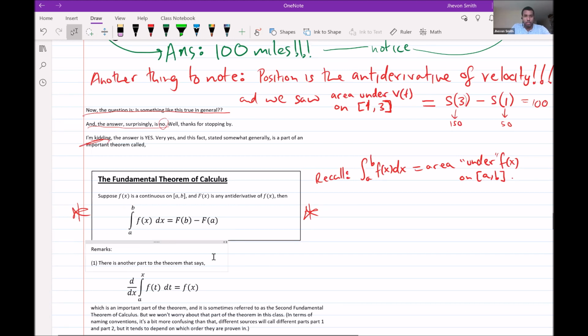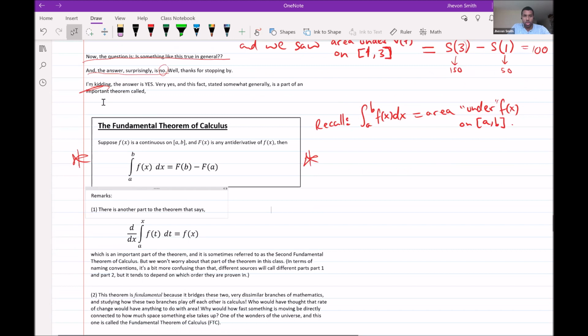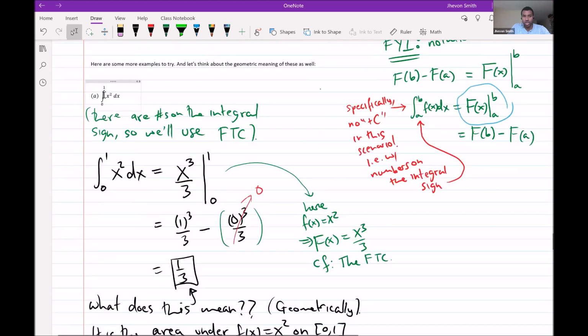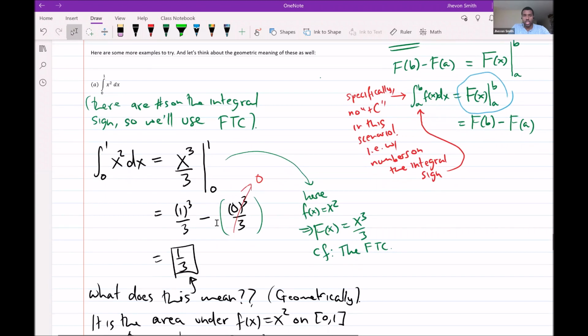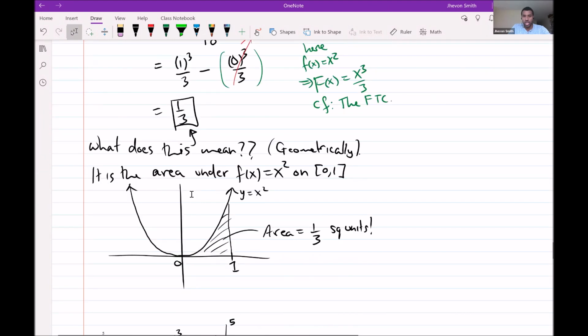Then we did some more examples of so-called definite integrals, where we have the integral sign with the numbers on it. We can simply find the antiderivative, take the top number, plug it in, minus the bottom number, plug it in. And what I want you to appreciate is that was actually us computing an area.